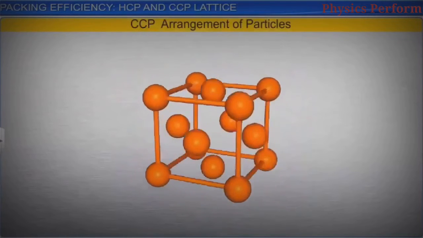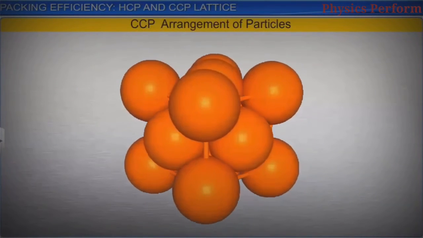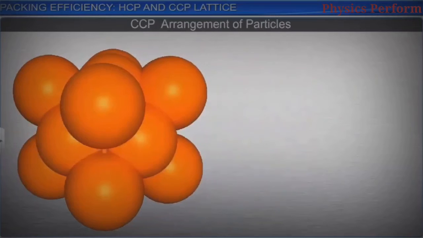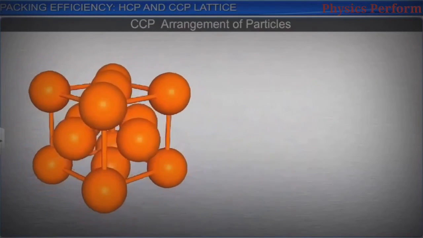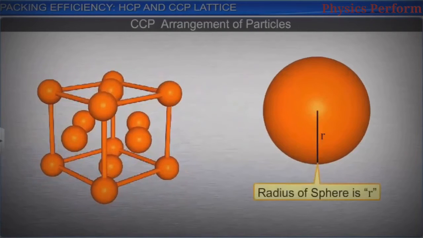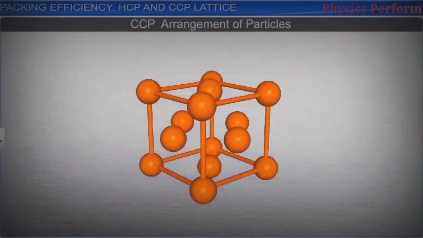Let's study cubic close packing now. Let the edge length of a unit cell be a, and the radius of each sphere be r. In this arrangement, each unit cell has 8 spheres at the 8 corners and 6 spheres at the 6 face centers.